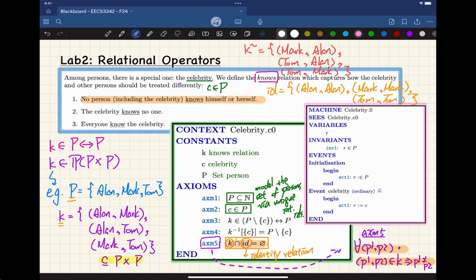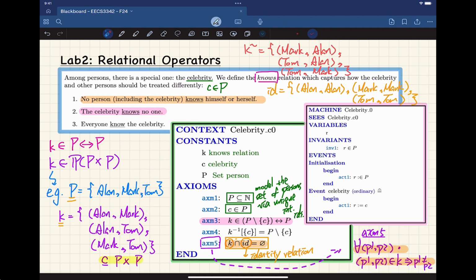The celebrity knows no one. If the celebrity knows no one, how do we model that? According to your instruction over here, axiom number 3 actually models requirement number 2. Now, how do we see these two are related?